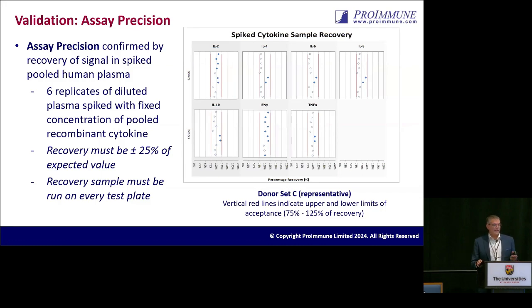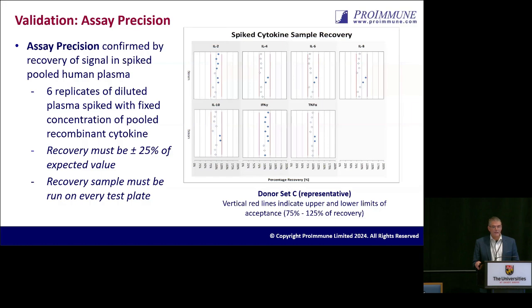So on this graph, what you can see are the range of different cytokines that we're analyzing, IL-2 through to TNF-alpha on the bottom right. And there are vertical red lines. I don't know if you can see the red particularly, these 2 vertical bars. So the left-hand bar demonstrates the lower limit of acceptance, the 75% of signal, and the right-hand bar is the upper limit of acceptance at 125% of recovery.